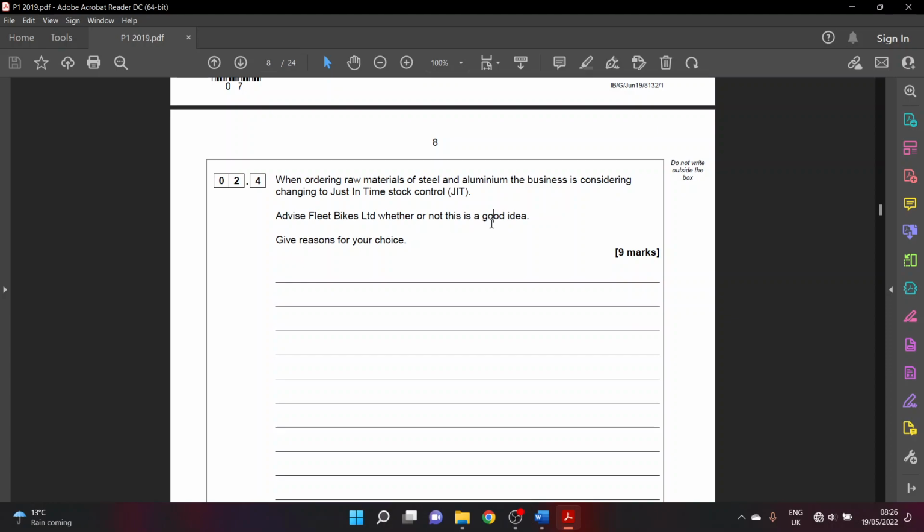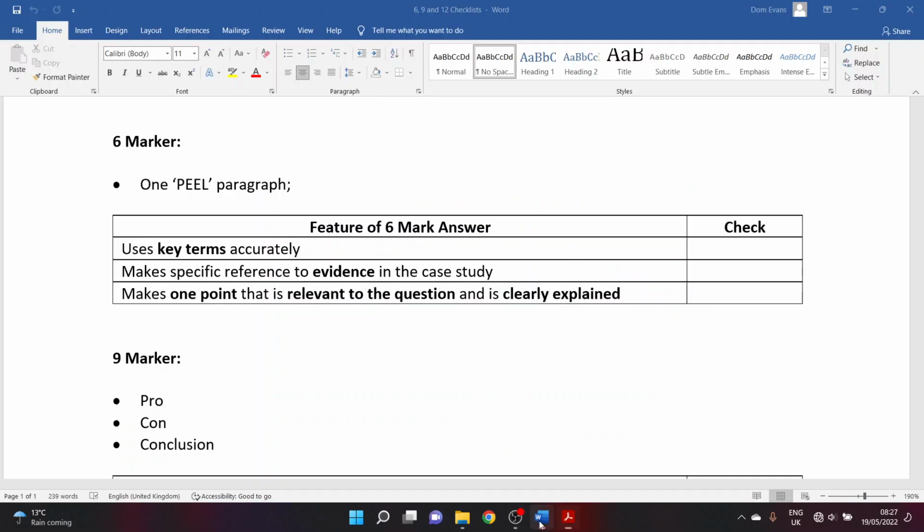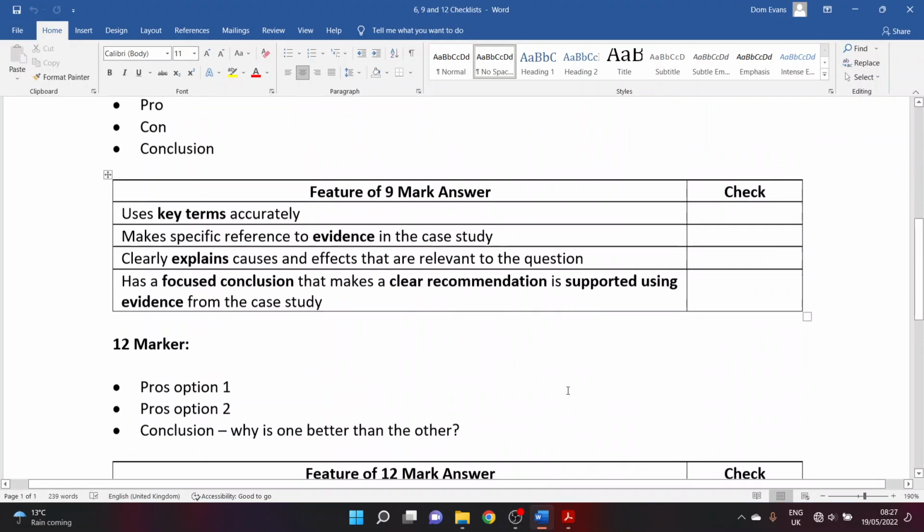You could look at the pros, you could look at the cons, you could have a conclusion. AQA are very specific. They say there is no structure that they want for a 9-mark question. They just want you to answer the question. However you choose to approach it is up to you, but there are some features of a 9-mark question which it's probably important to know.